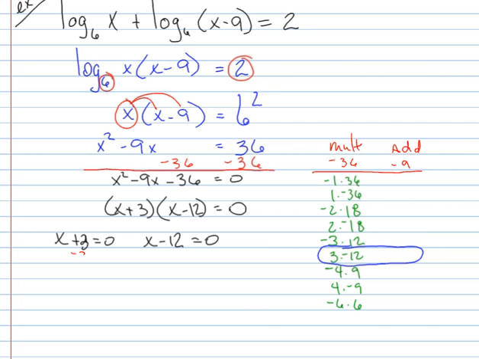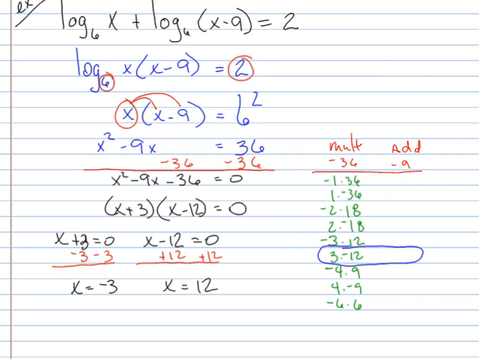The one on the left is a minus 3, minus 3, so I have x equals negative 3. The one on the right, I'm going to do a plus 12, plus 12, which gives me x equals 12.